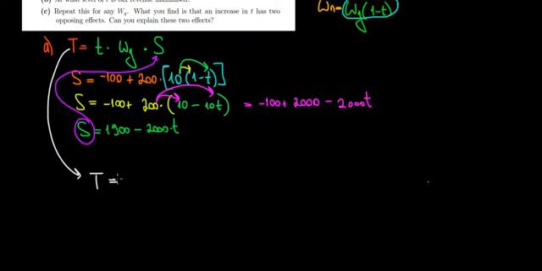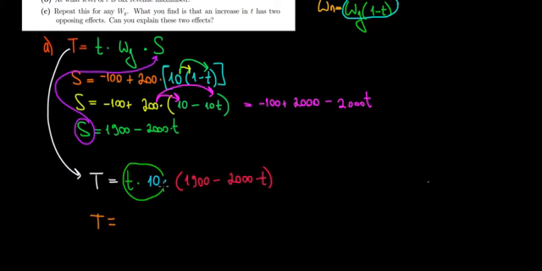So tax revenue is going to be equal to the proportional tax T times the gross wage, and we just said the gross wage is 10, so we substitute 10, times the labor supply function, which we just calculated, 1900 minus 2000 multiplied with T. We want the tax revenue as a function of the proportional tax, meaning we are going to open the brackets to see what that relationship is.